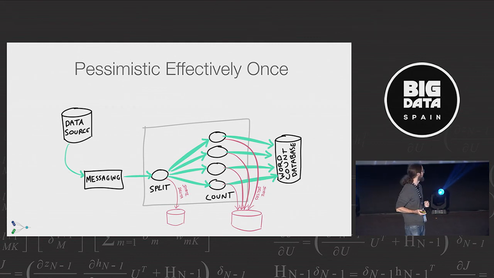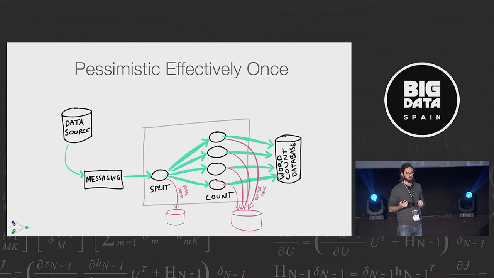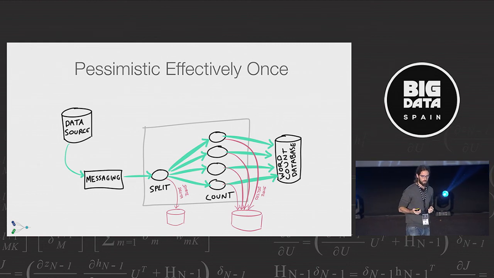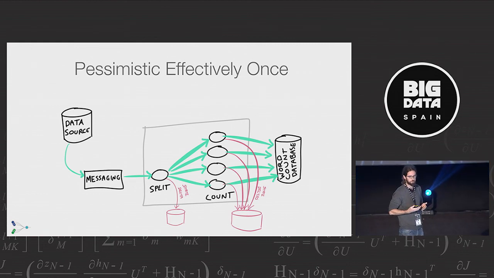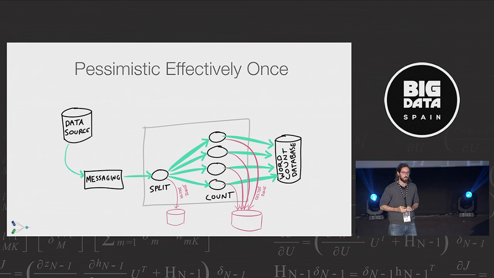Now obviously this has a very high I/O load, because for each message you process through the whole graph, you'll be creating, in this case, up to 5 pieces of persistent storage. And this can get very, very heavy when you're running a very big graph.